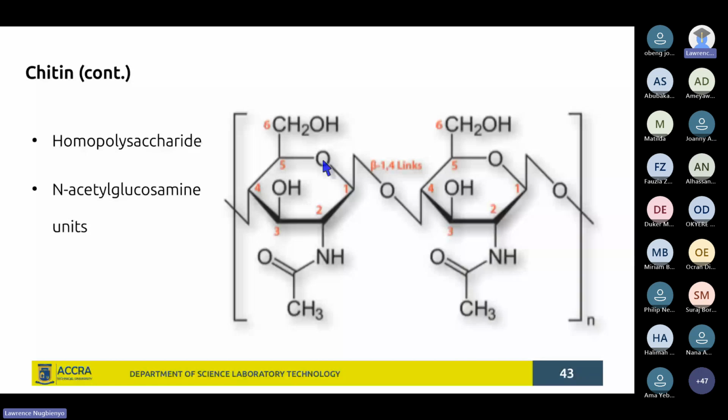So you see, we've seen this much earlier, where on carbon number 2, there's an amine group to which an acetyl group binds, conjugates, to give you N-acetylglucosamine. And these N-acetylglucosamines have a beta linkage between them, and that will form the structure of chitin, which is a major component of the exoskeleton of arthropods.